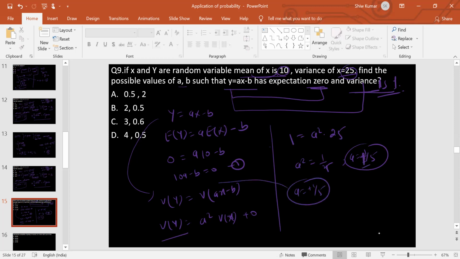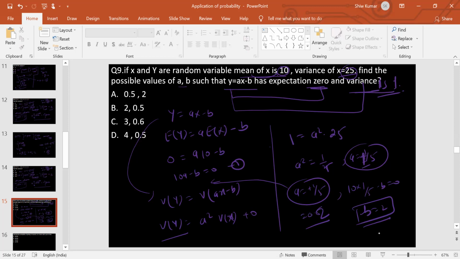If we substitute the value of a, you will get the value of b as 2, because 10 into 1 by 5 minus b must be equal to 0. So b has to be 2 here. So I can say that a is 0.2 and b is 2.